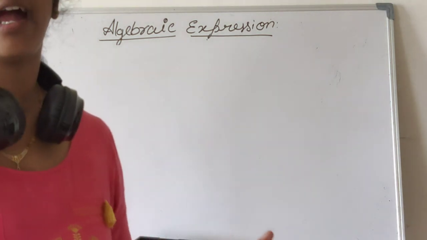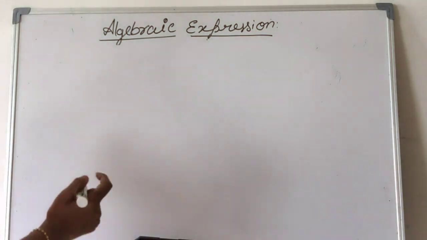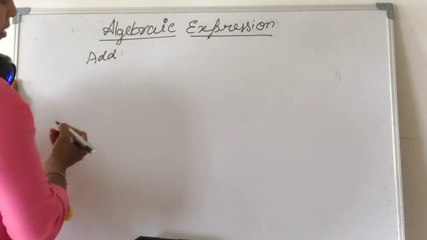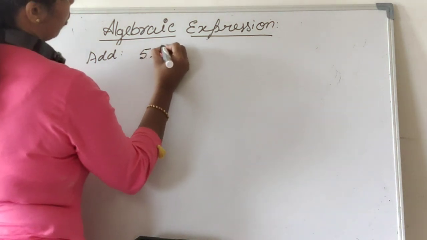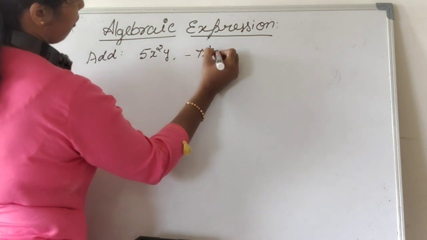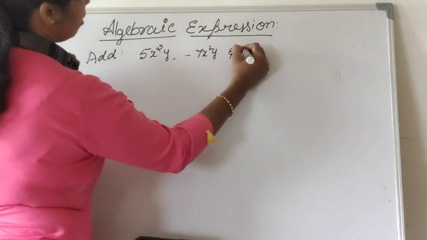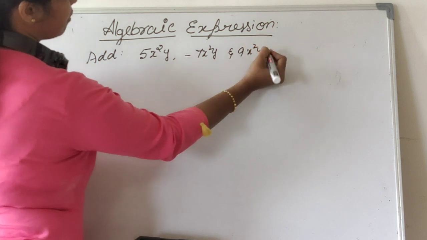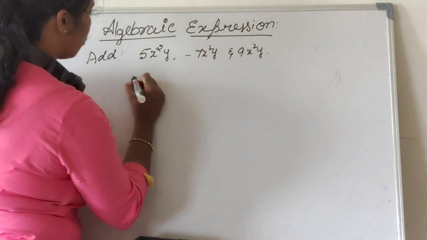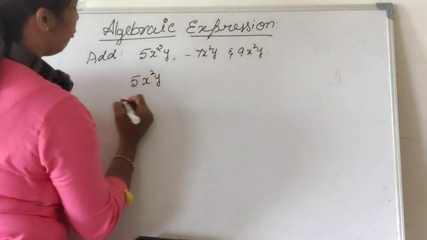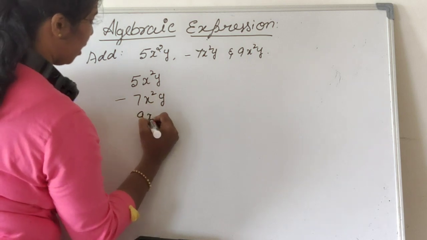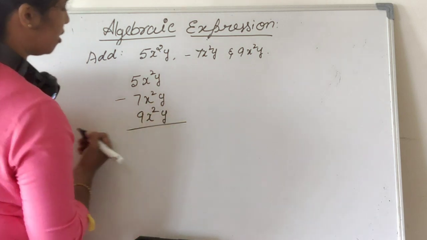Unlike terms, we cannot add or subtract. Now the problem: 5x square y, add minus 7x square y and 9x square y. Okay. Now I will add. You can add in two ways. One, writing in a column way. Whichever is easy for you, you can do. But in the higher classes, you cannot follow this method.